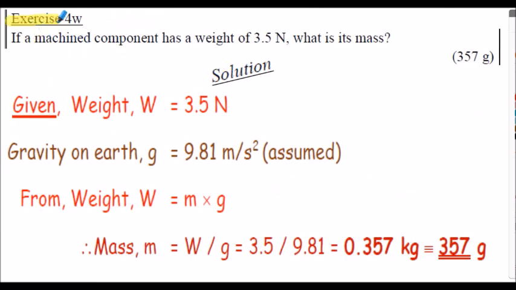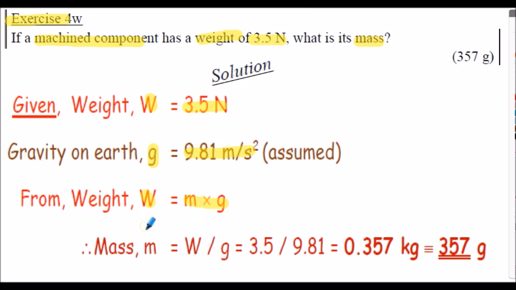Exercise 4, solution. The machine component has a weight of 3.5 newtons. We've got to determine the mass. So given in the question, weight W, 3.5 newtons, we assume the gravitational acceleration on Earth to be 9.81 meters per second squared. From the equation, weight force is equal to mass times gravitational acceleration. So in this question we have to rearrange to find the mass.